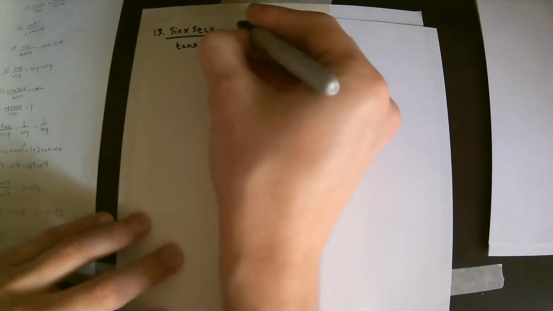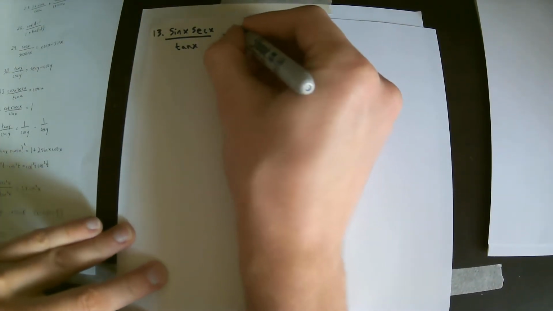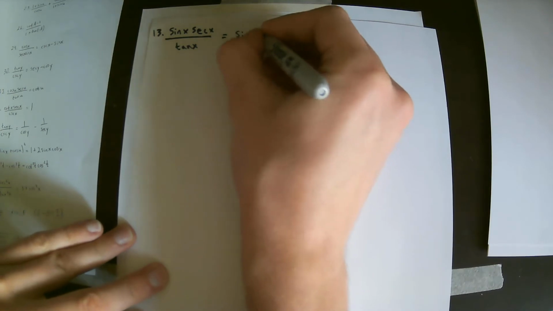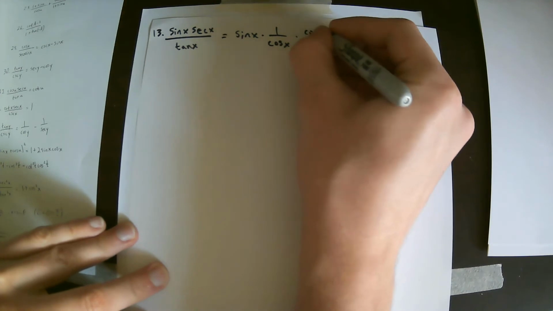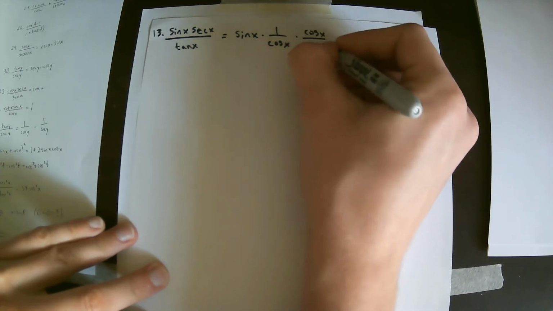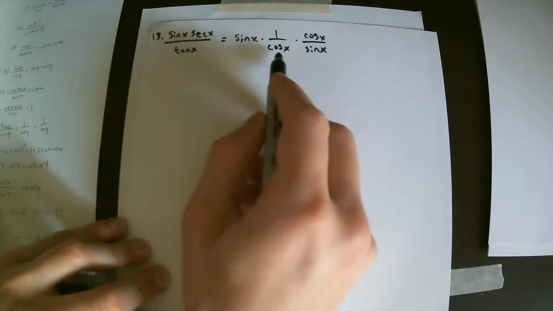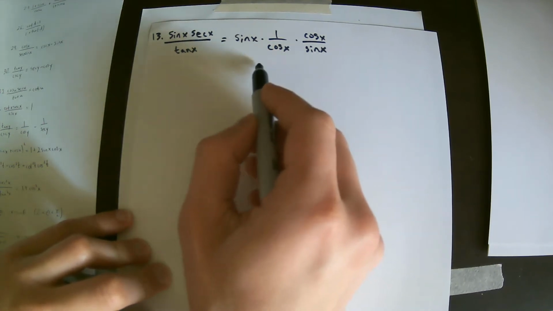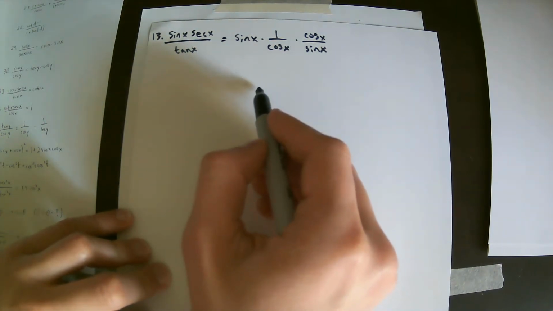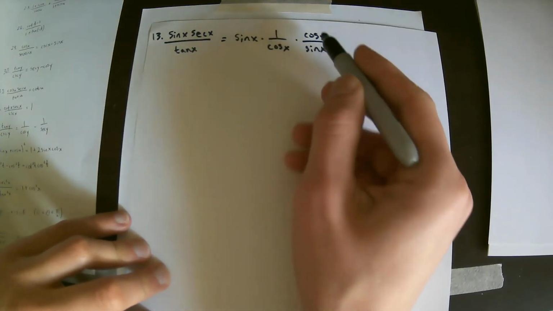Number 13 says sine x times secant x over tangent x. That's going to be the same as sine x times 1 over cosine x times cosine x over sine x. I did a lot there. I changed secant x to 1 over cosine x. And then, since the tangent is in the bottom, instead of writing over sine x over cosine x, I wrote that as times cosine over sine.